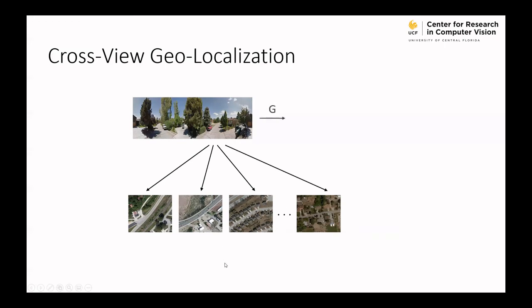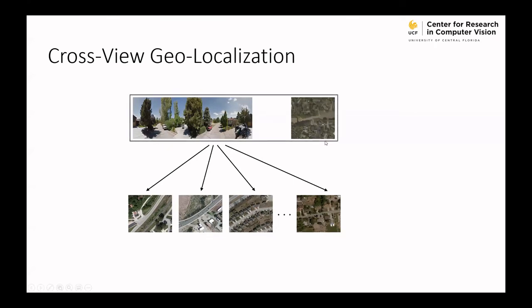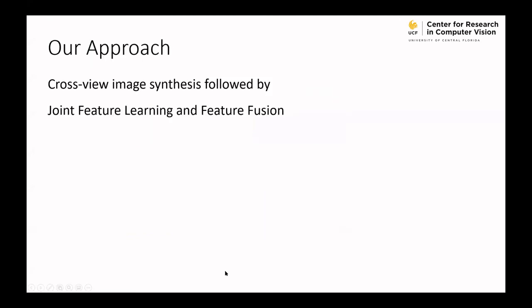Okay, so what we do, we take the ground image and we synthesize a corresponding aerial image using GAN. Okay, so then we can find out that, well, this matches very well with this compared to this one. So that's what cross view matching is.